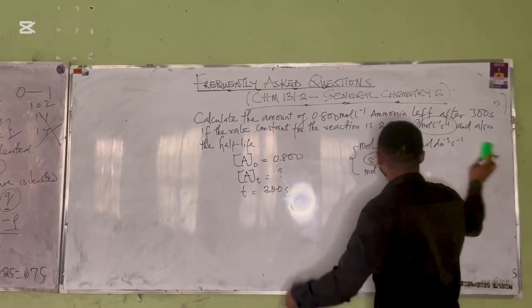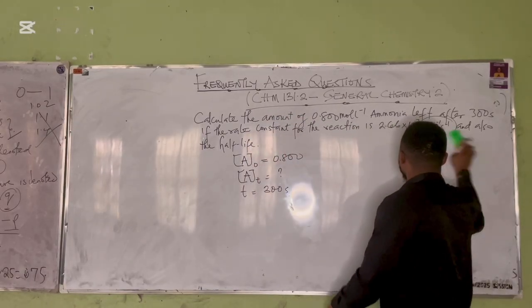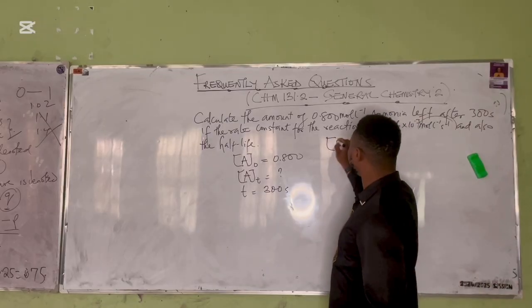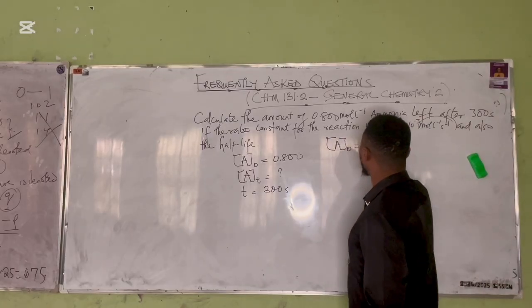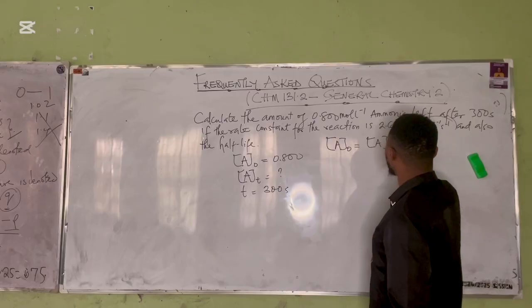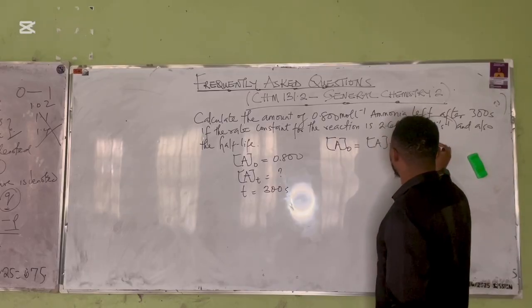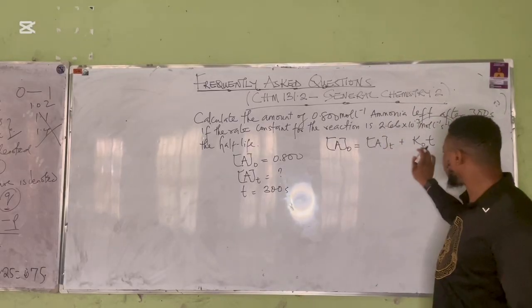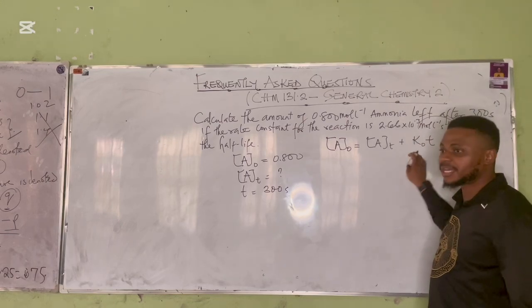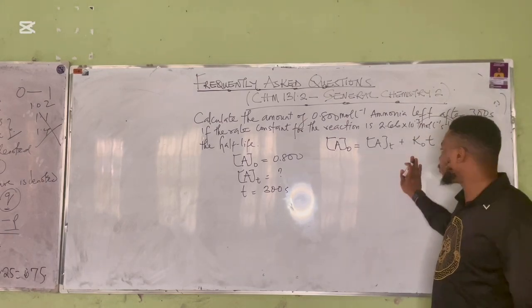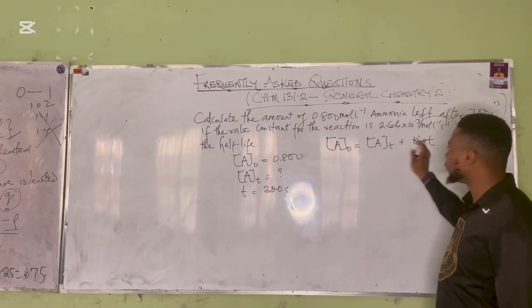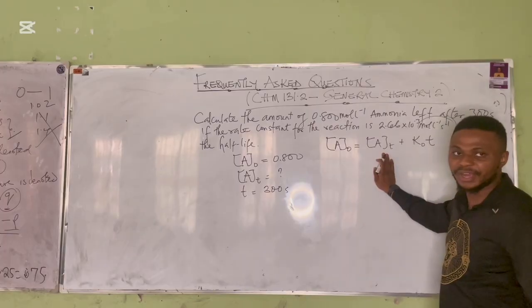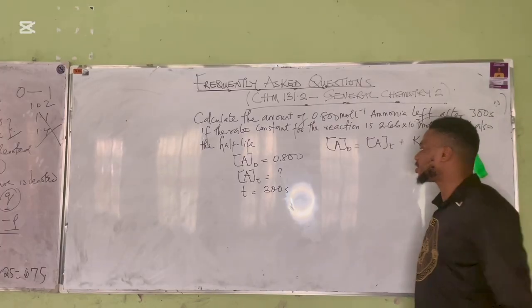Basically, for the zero order reaction, the formula is A0 equals AT plus K0 T. This K0 is the zero order rate constant, T is your time, AT is your final concentration, and A0 is your initial concentration.